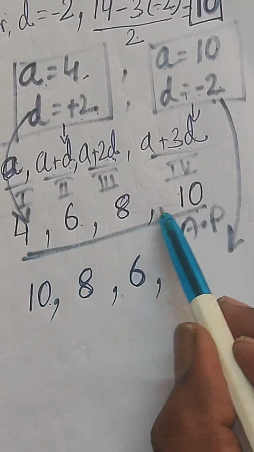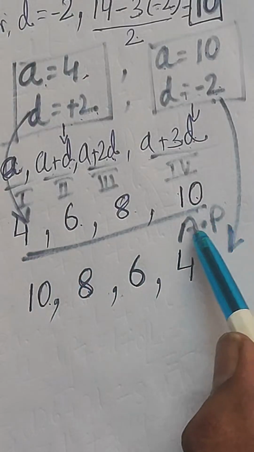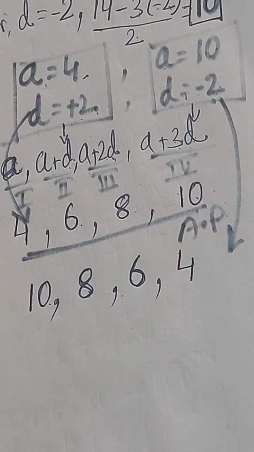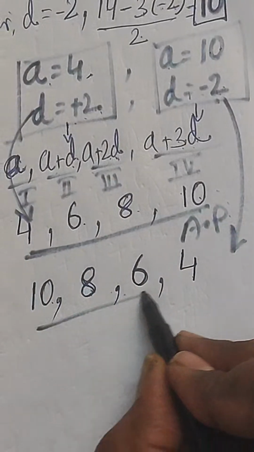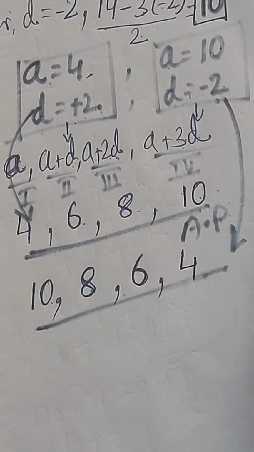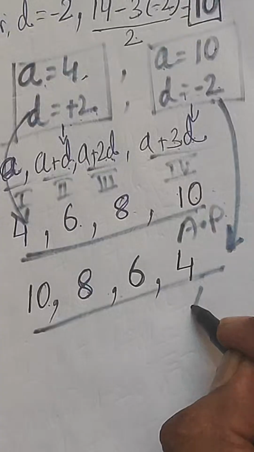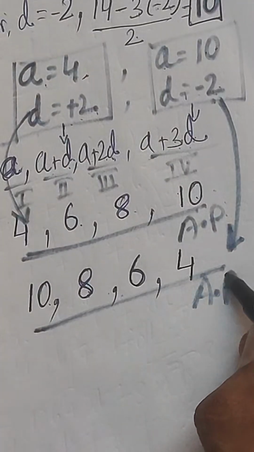Exactly, you can see 4, 6, 8, 10 is the first possibility, the first series of AP, the four numbers, and the second one will be 10, 8, 6, 4. When we considered A as 10 and D as minus 2, this second series is calculated and this answer is also right.